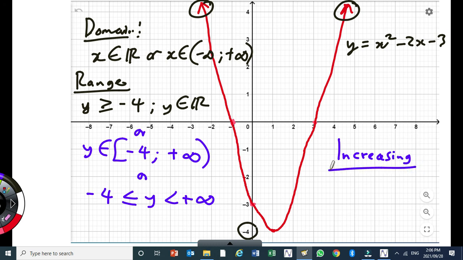The graph is increasing if it has a positive gradient, or if the y values are increasing as x increases. So it is increasing from here towards the right. Therefore, if x is greater than 1, the graph is increasing. To the right of this point, the graph is increasing. To the left, it is decreasing.